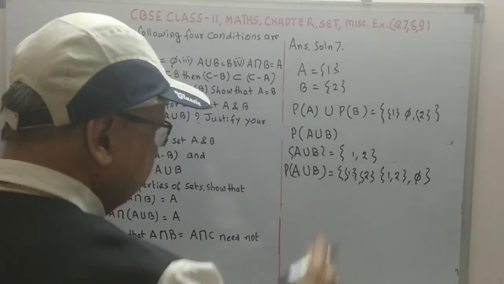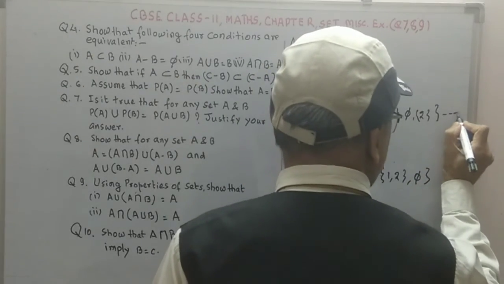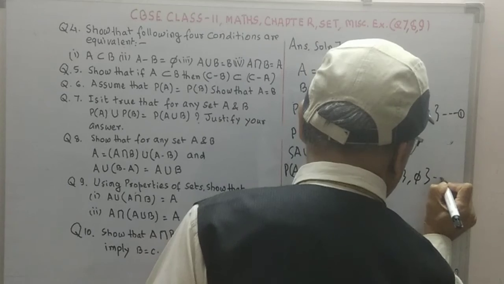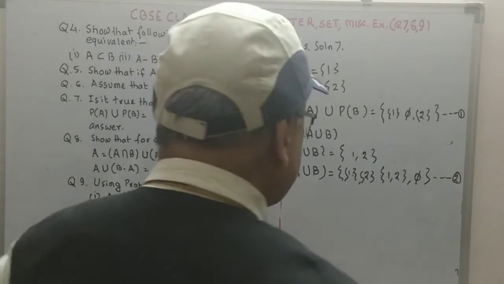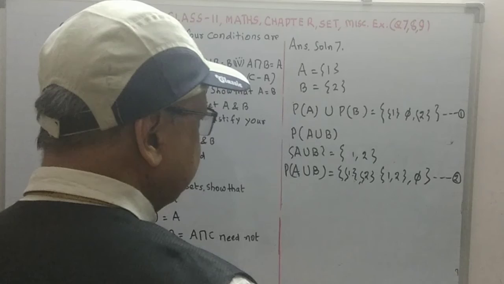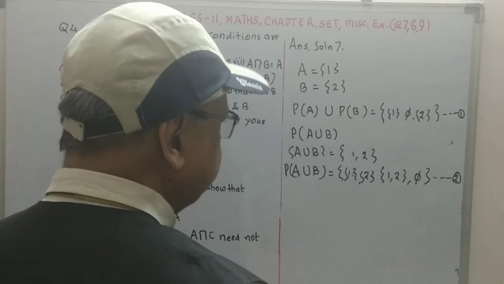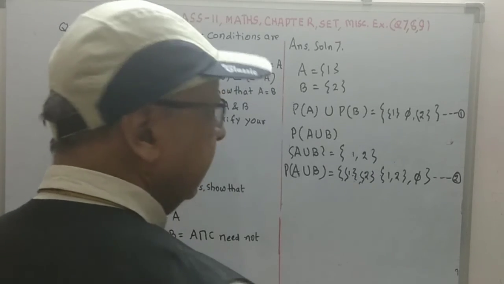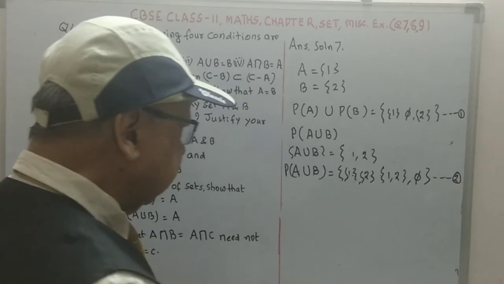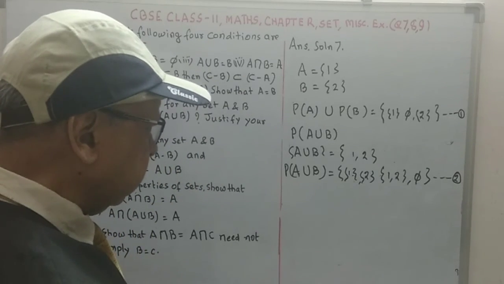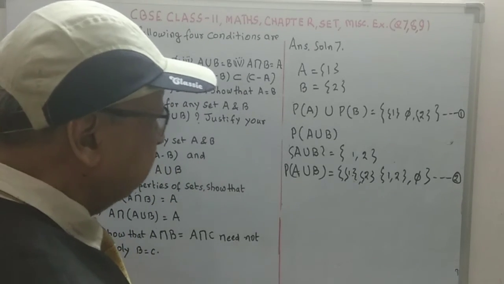Now if you see equation number 1 and equation number 2, power set A union power set B is equal to 1, power set 1, power set 1, 5 and 2, and power set A union B is equal to set 1, set 2, set 1 and 2 and set 5.